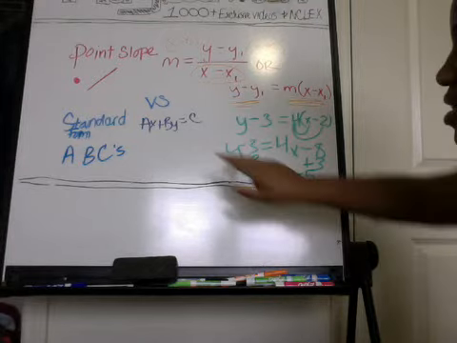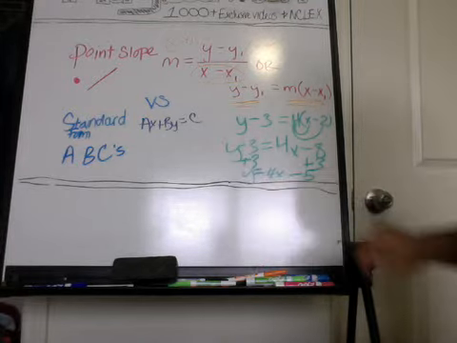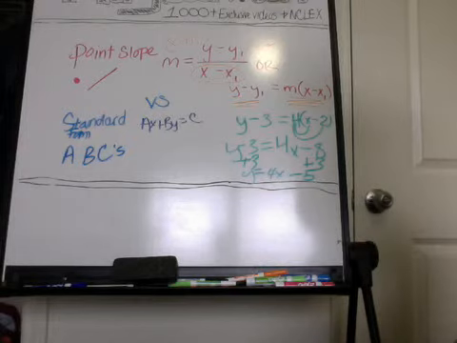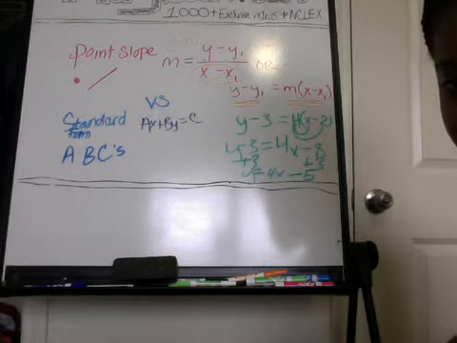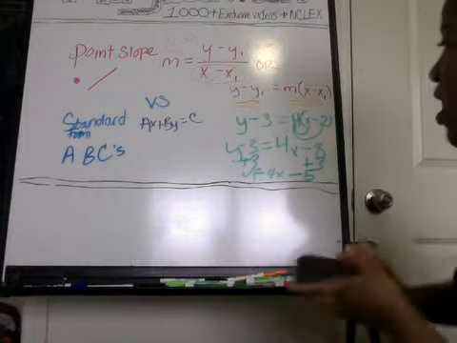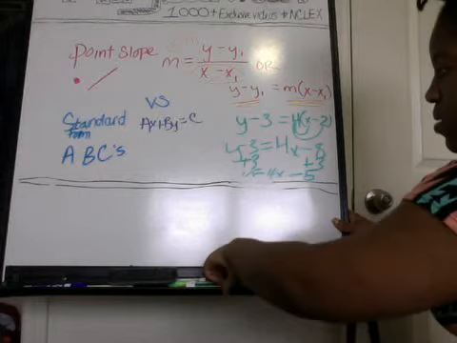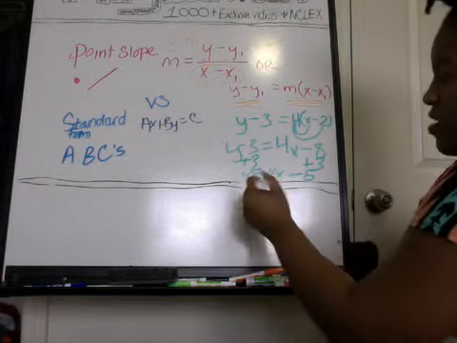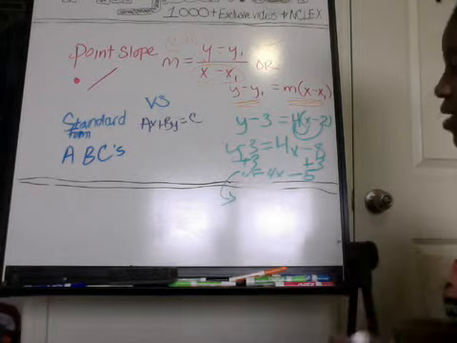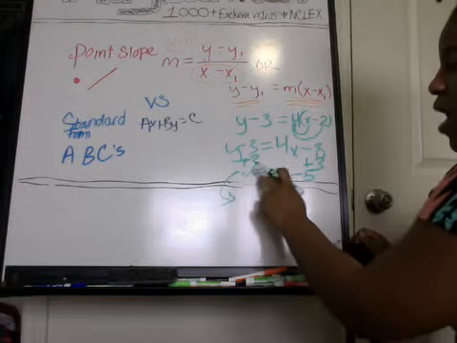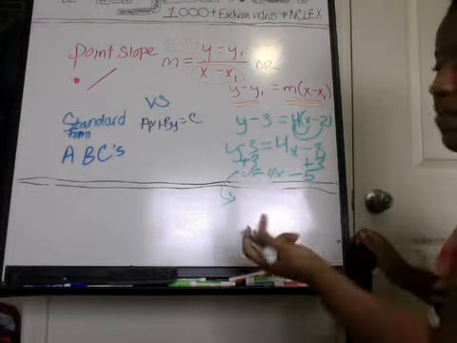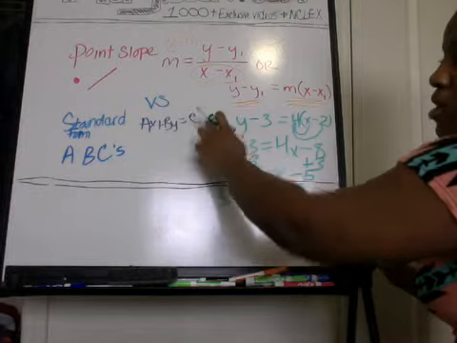Well, I still need to put it in this form. So what do I need to do? Well, it's quite simple. I'm going to erase this here too. Ooh, that looks bad. Never mind. I'm just going to go underneath. How about that? So we have y equals 4x minus 5. We need it in ax plus by equals c form.